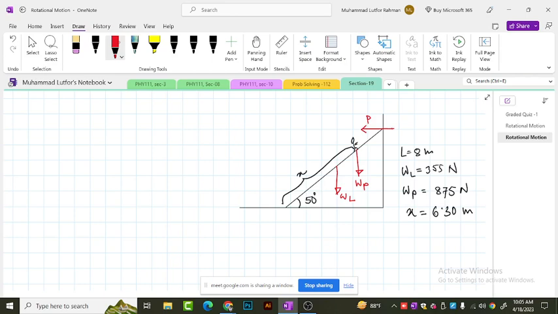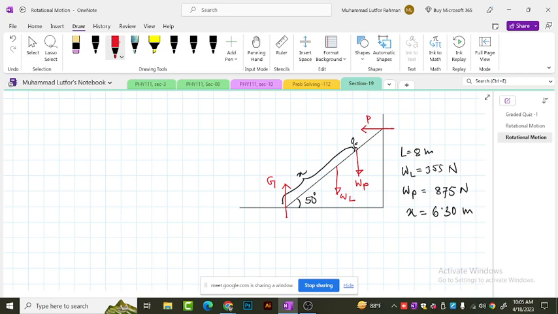Now what about the ground? The ground will give the normal reaction force, in this direction. I call that the ground force. And there will be one more force, the frictional force, also acting on this ladder. There could also be friction at the wall, but let's neglect that and consider friction only on the ground.